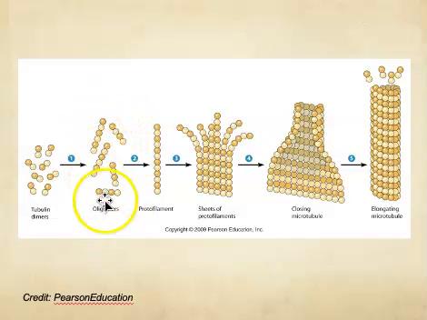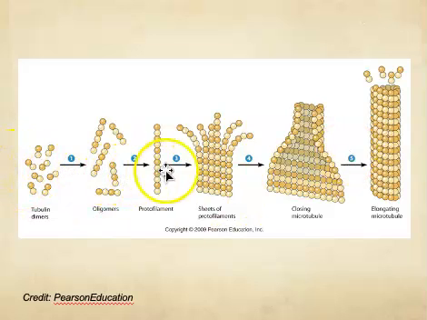These oligomers are then going to join together and create what's called a protofilament. That's a longer structure. Several protofilaments will then be joined together into a sheet, and then the sheet will be rounded out so that the two ends come together and join, and they create this tube.